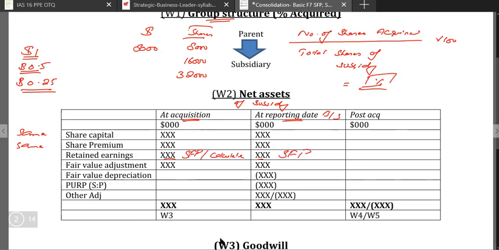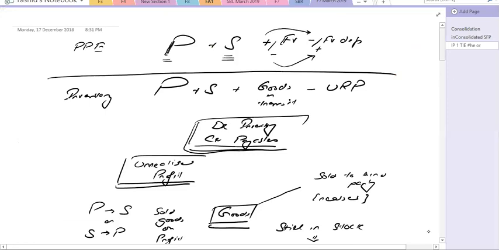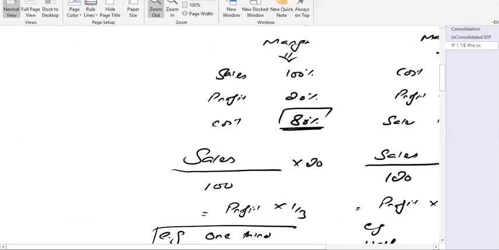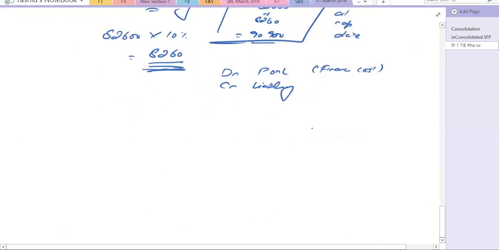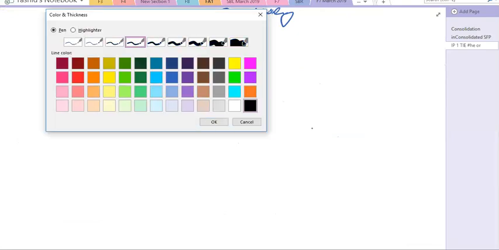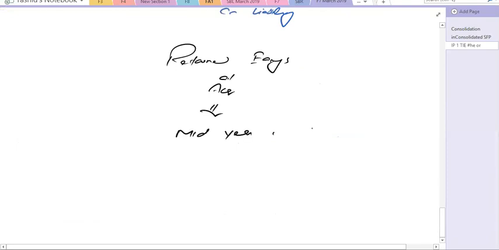So now let's discuss the case in which you will be required to calculate the retained earnings at acquisition. Sometimes in the exam, you may be required to calculate retained earnings at acquisition, and that is the case of mid-year acquisition.